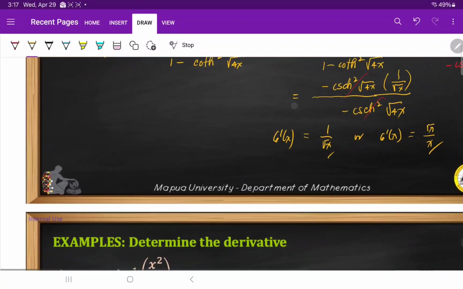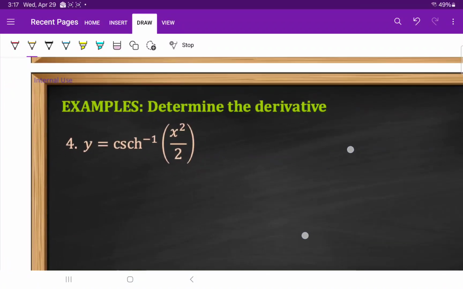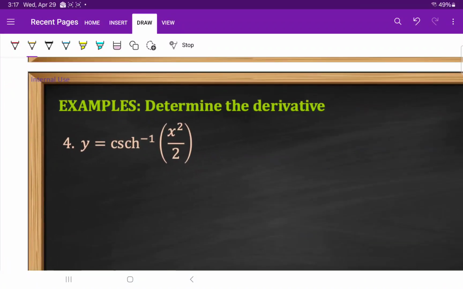Right? So then the next one is this one. So what is your y prime? What's the formula for inverse hyperbolic cosecant? So this is u. What's the derivative of inverse hyperbolic cosecant of u?